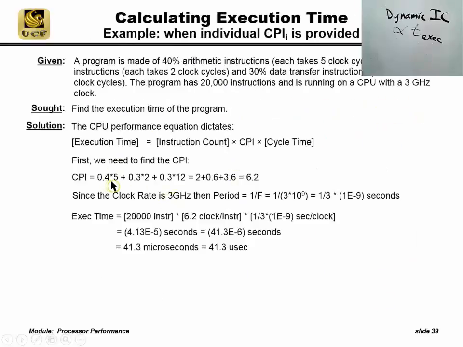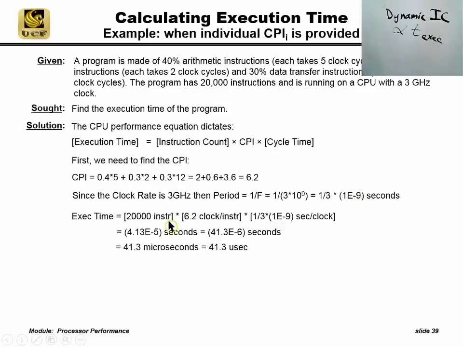So 40% take 5, 30% take 2 clocks, 30% take 12 clocks, on average 6.2 clocks. The clock rate is 3 gigahertz, therefore the period is 1 over 3 gigahertz, which is 333 picoseconds, which is 1/3 times 1e minus 9 seconds.